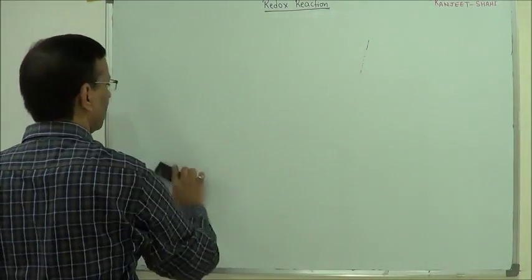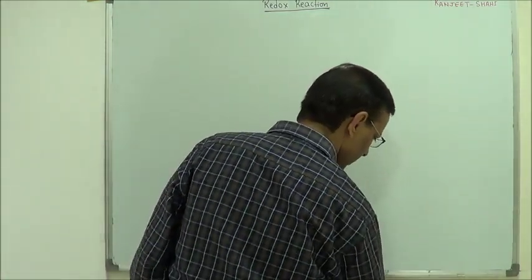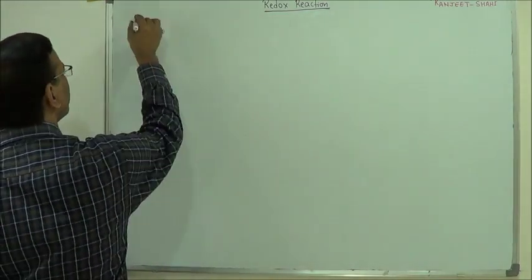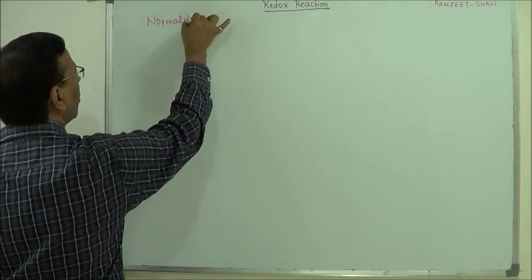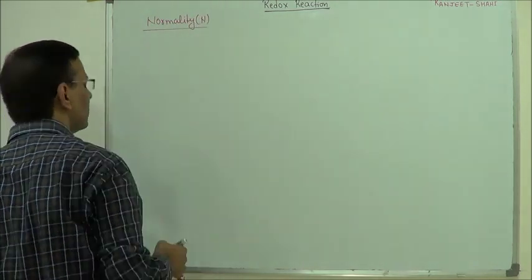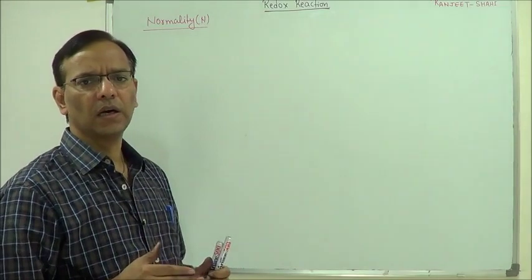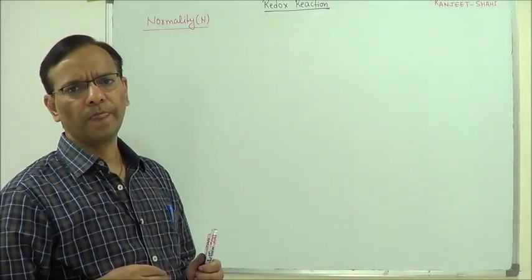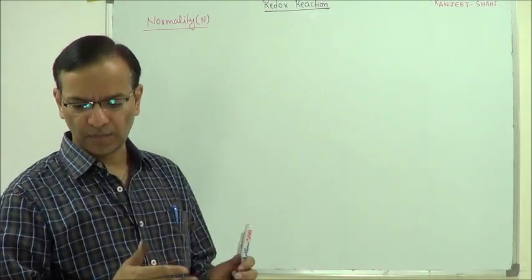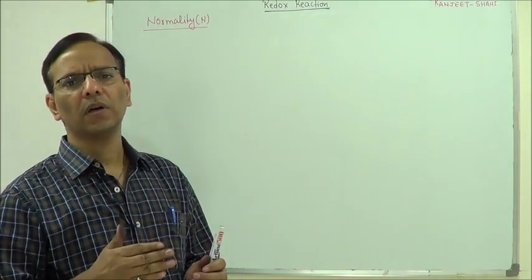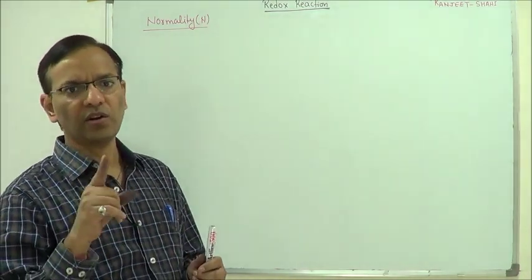Normality, how normality is defined, let us see and analyze it. Normality is usually denoted by capital N. Normality is the number of gram equivalents of a solute present in 1 liter of solution.